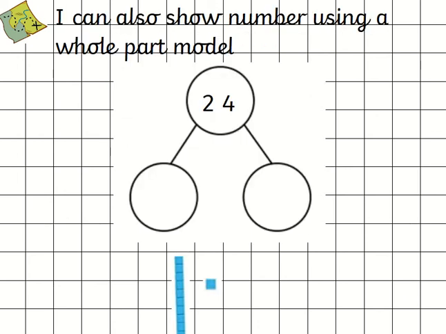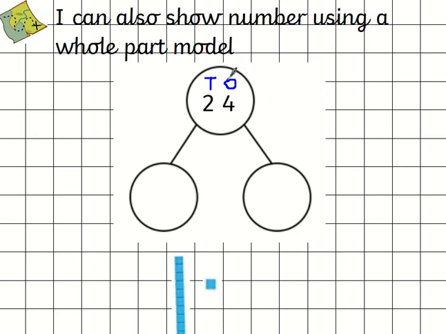Now, this is a whole part model, and it sounds a lot more confusing than it actually is. As we can see at the bottom, we are going to be using our Deans again, okay? So it wants me to partition, and all that partition means is split our number. So if I'm to split my number, I'm going to split it into tens and 1s.